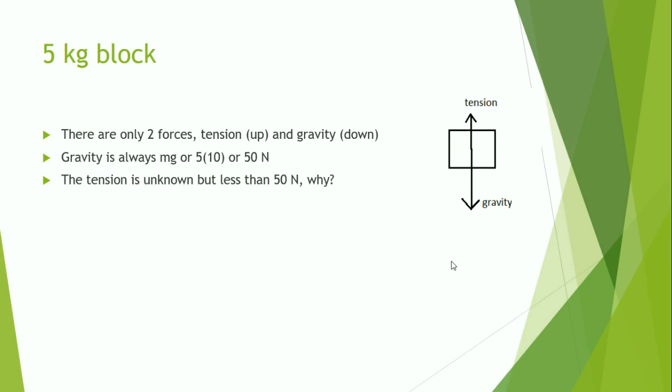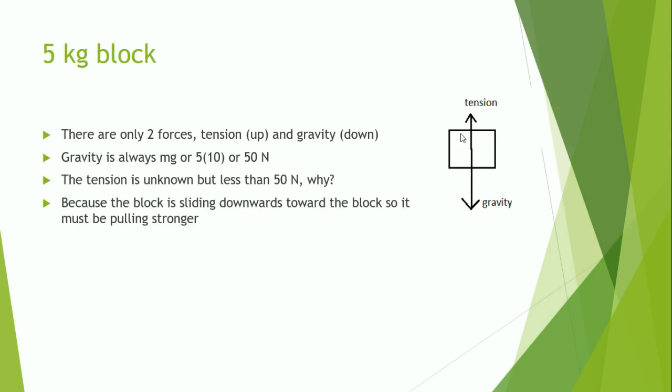This is because the 5 kg block is pulling the other block down. So basically the gravity from the small block is pulling everything down. So basically 50 newtons has to be greater than whatever the tension is. And so now we know that the tension's between 30 and 50 based on the friction and the gravity.